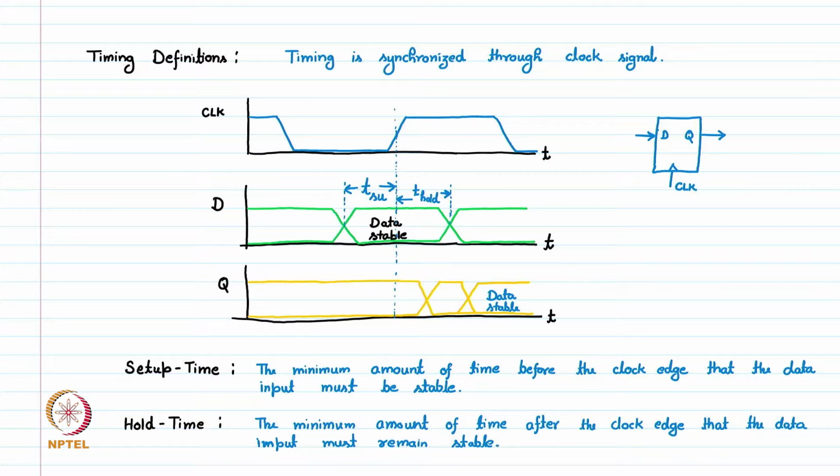So these are the two definitions of setup time and hold time, which dictates that when the clock comes, which is a universal clock used for synchronization, before this clock and after this clock, for certain amount of time the data should be stable, so that there are no glitches mistakenly read by the register or flip flop.